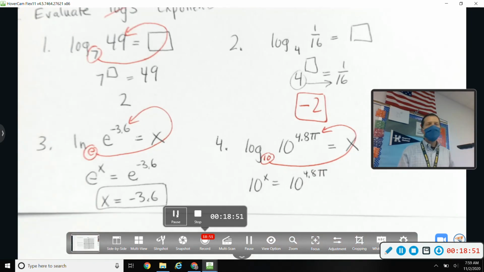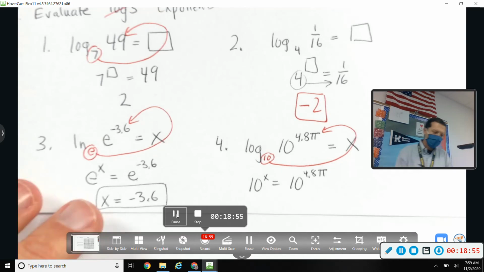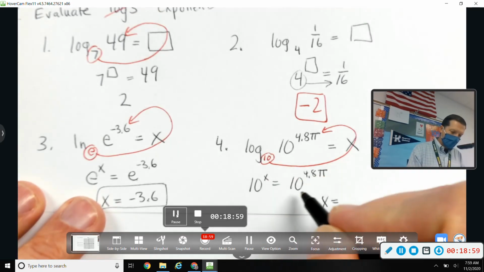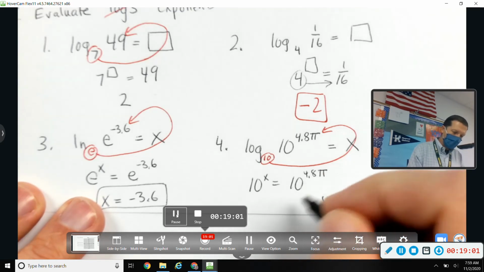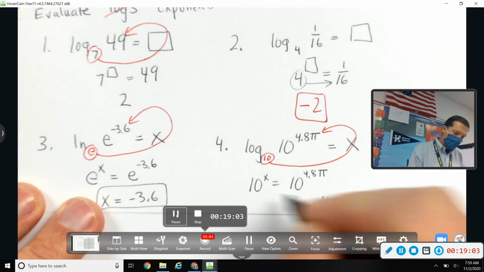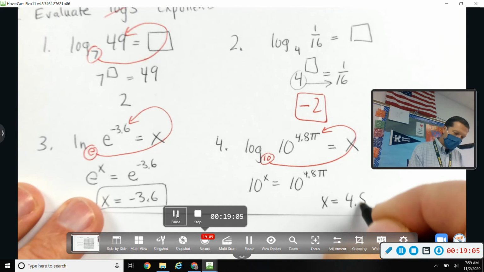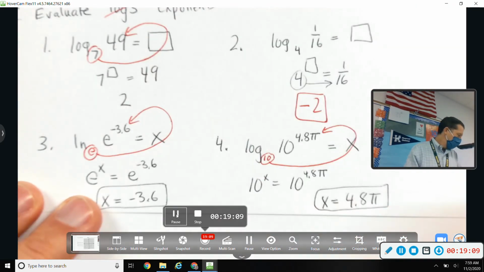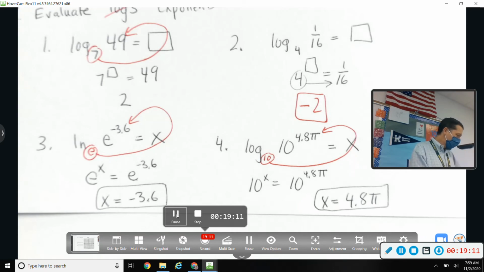And then hopefully as soon as you write that, you're like, oh, that's a really easy one. I don't know what 4.8 times pi is, and I definitely don't know what 10 to the 4.8 times pi is, but I can match the pieces, and x has got to be 4.8 pi. So there's a few on the worksheet that are kind of sneaky like that. Sneaky easy, as long as you recognize what's going on.